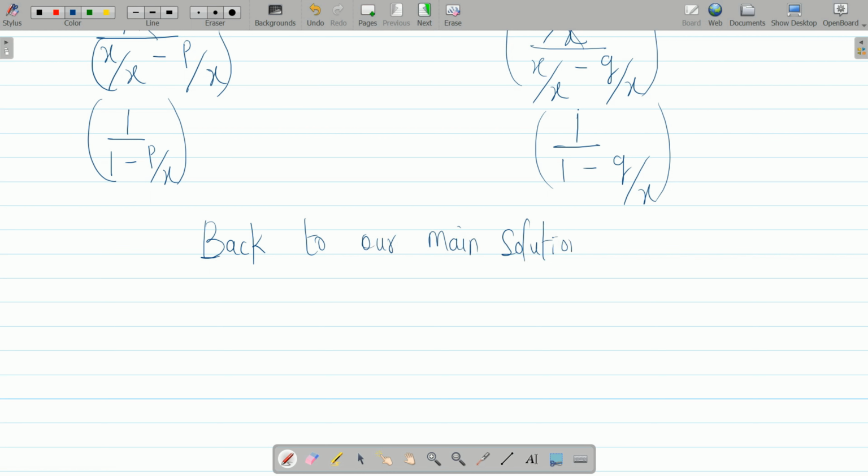After that, we go back to the original equation and replace the value of our solution there. As a result of taking the reciprocal of x, this is our primary solution.